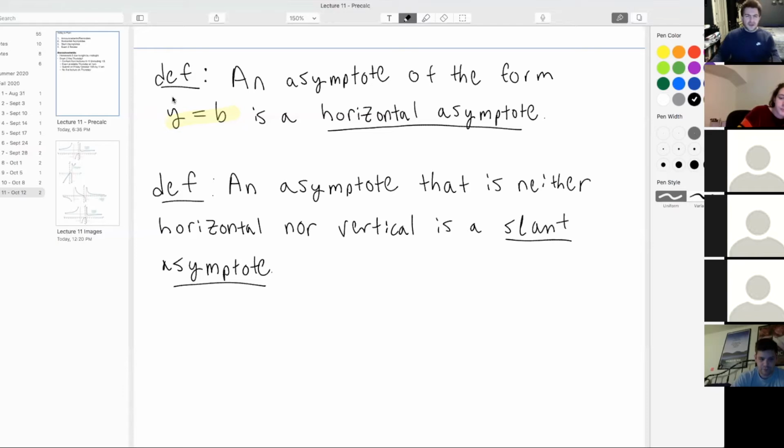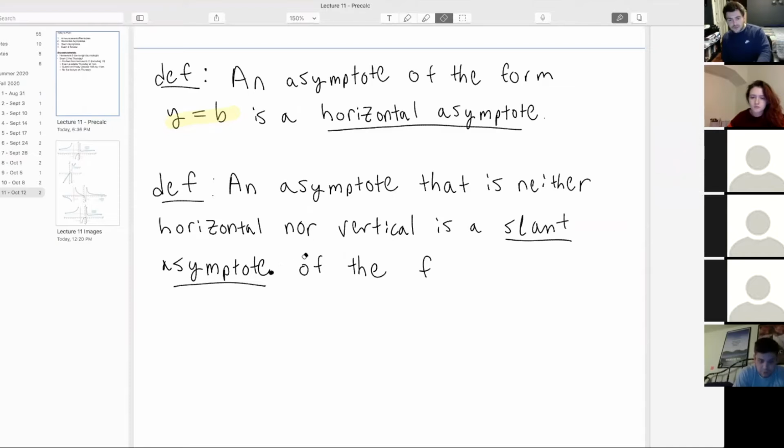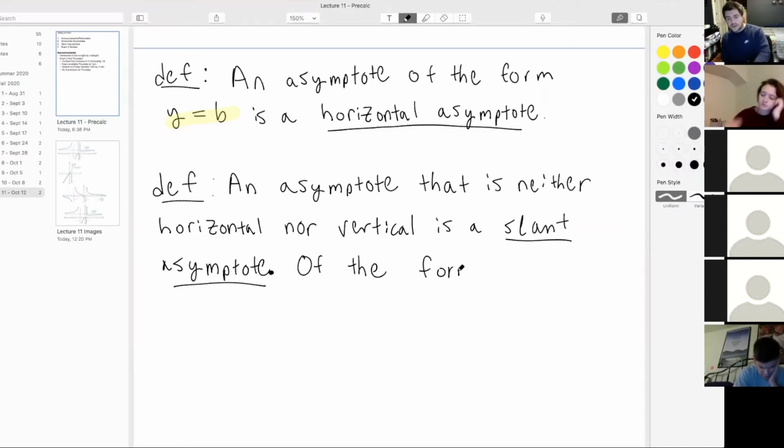Okay, so it's going to be neither horizontal nor vertical. So this is a period, I'm just writing a new sentence. This will be of the form y equals mx plus b.